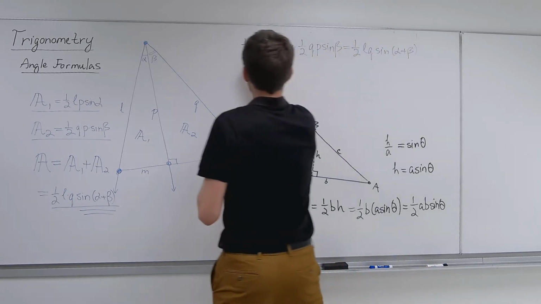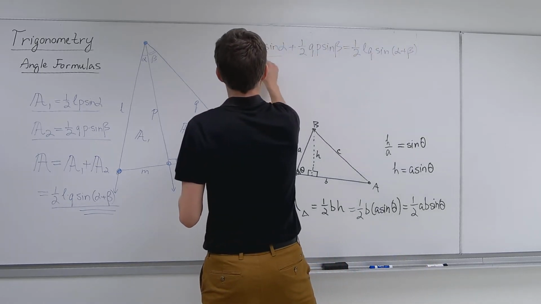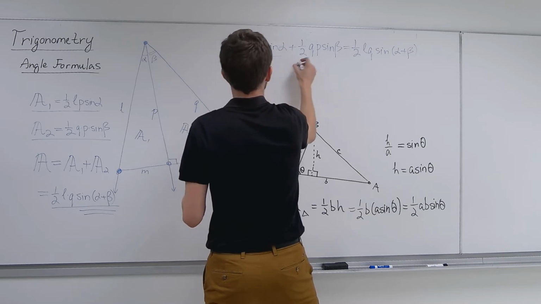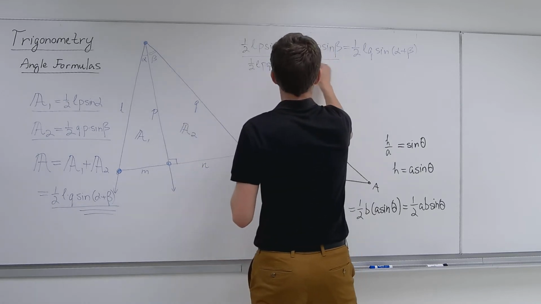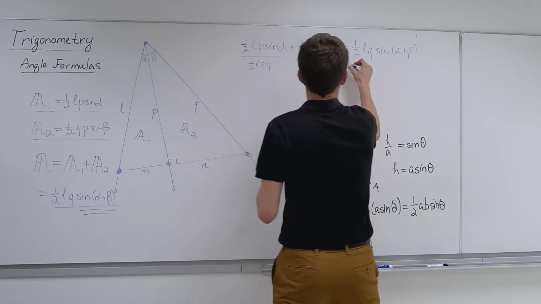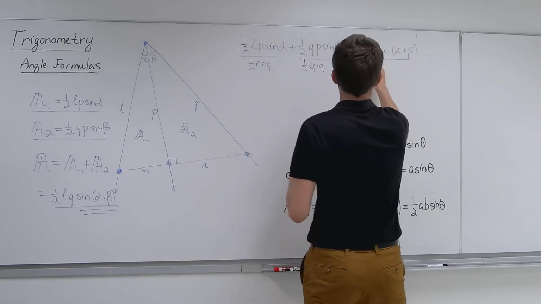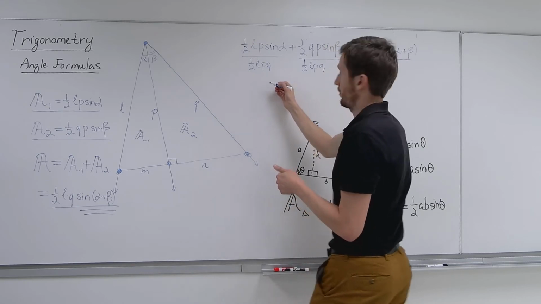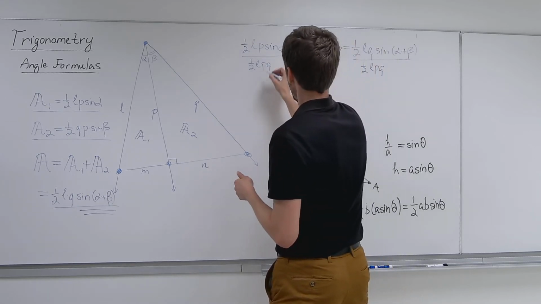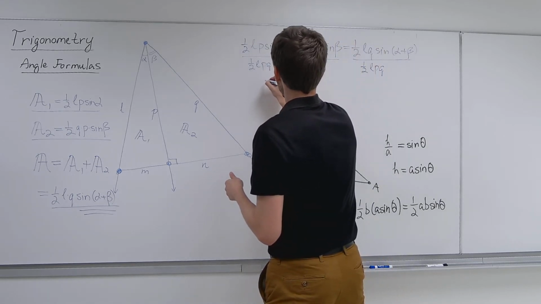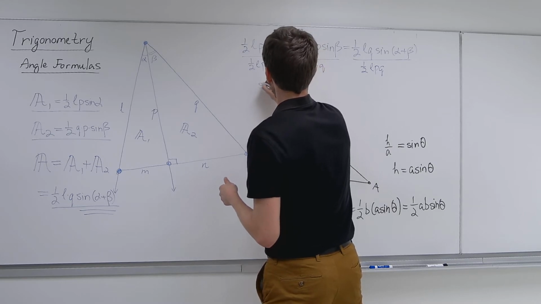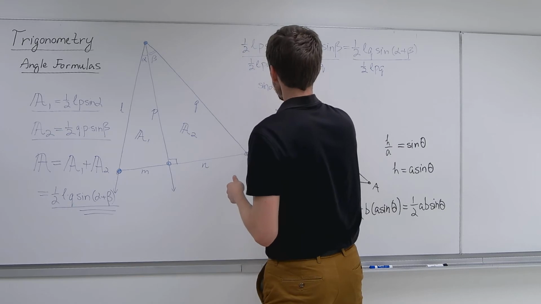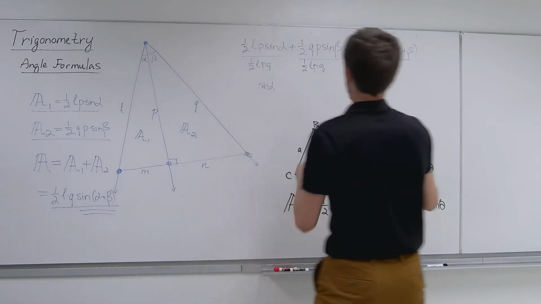Let me divide everything by 1/2 LPQ. The 1/2's cancel, LP cancels, so it's going to be sine of alpha. One second, let's see if everything's making sense here.